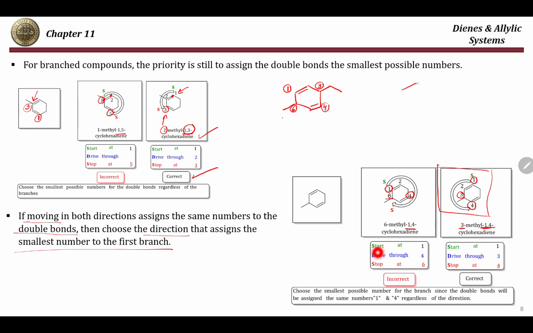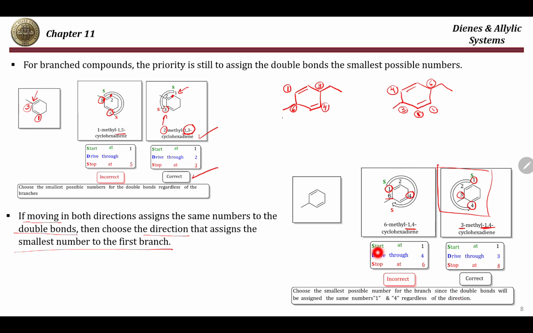The other option is starting from here as 1, and then my methyl group will be at 3, double bond will be at 4, and then the ethyl will be at 6.